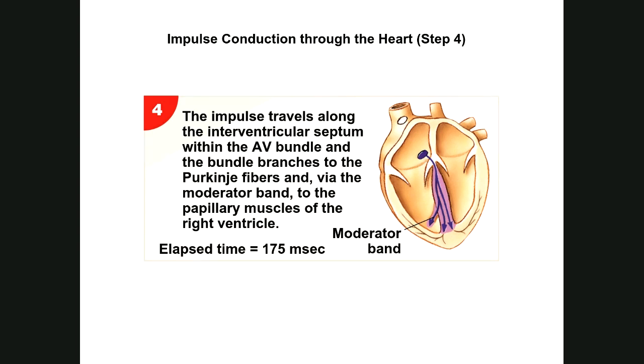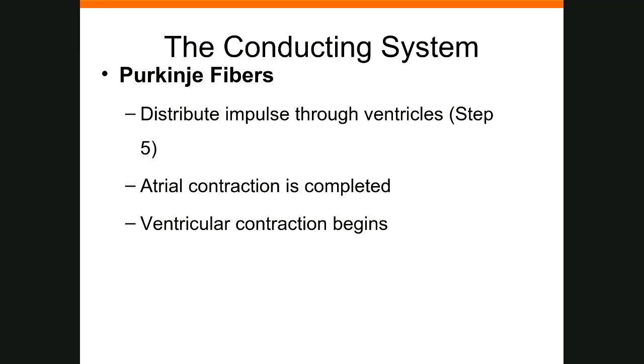The elapsed time is about 175 milliseconds. Then they reach the right and left bundle branches, and the Purkinje fibers distribute the impulse through the ventricles.